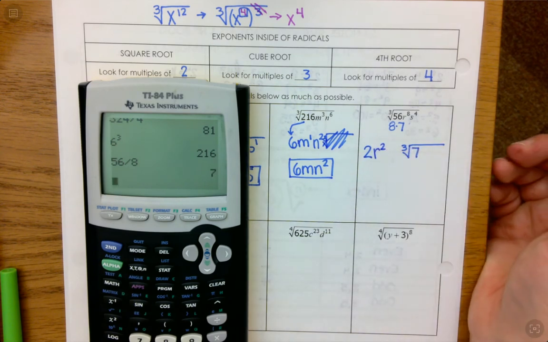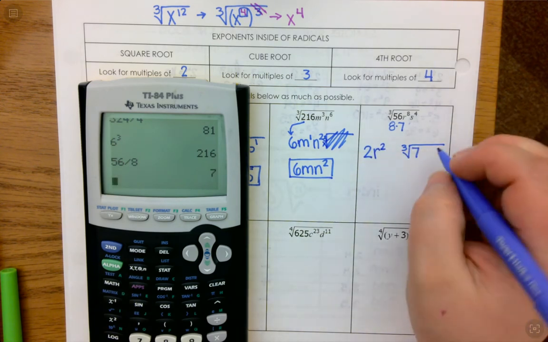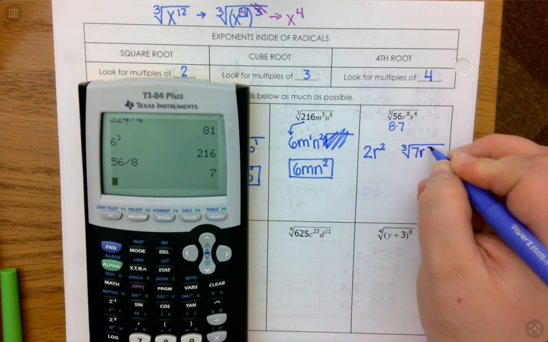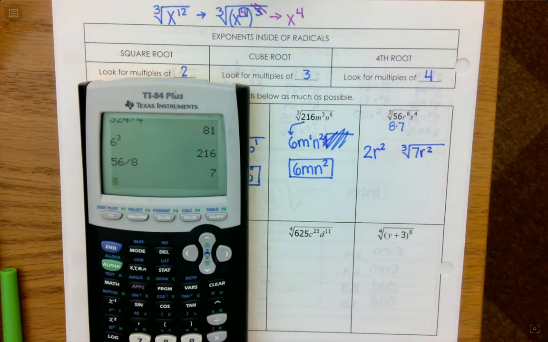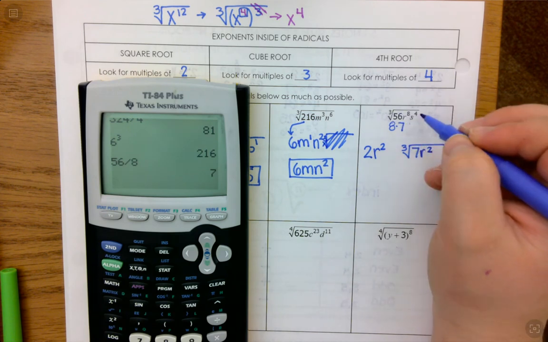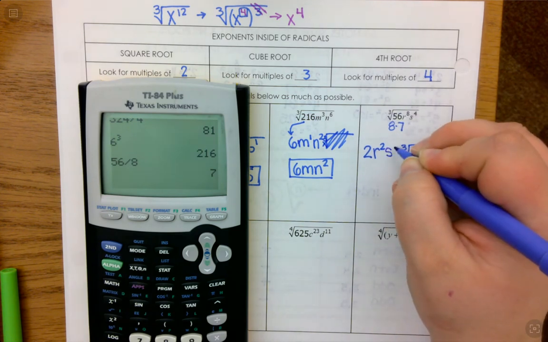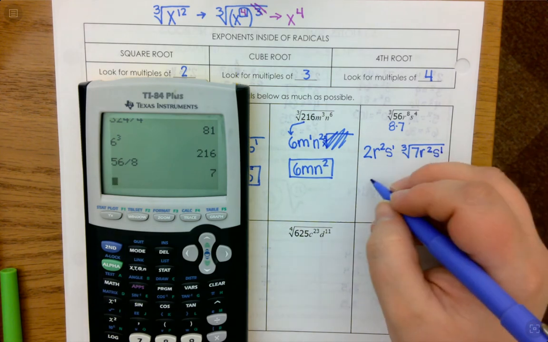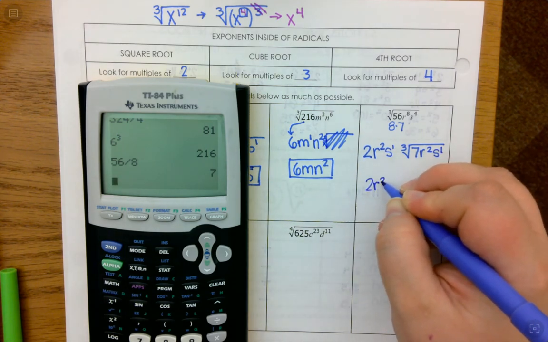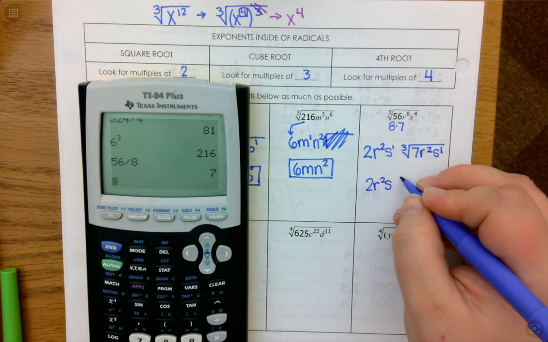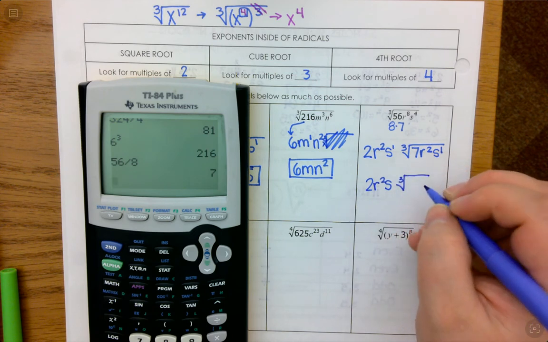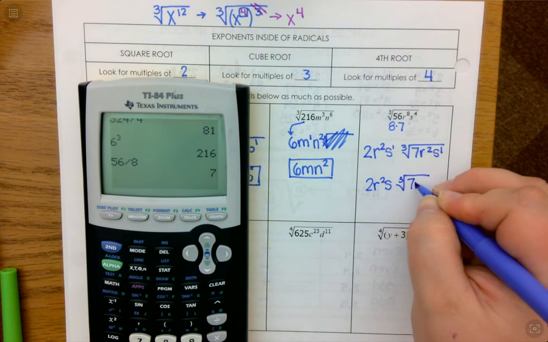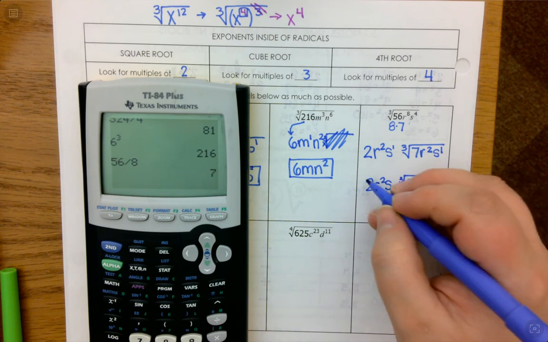And that would be 6, leaving me with a remainder of 2 to get to 8. So I have 2 left inside as well. 3 goes into 4 once, and it has a remainder of 1. So I have 2r squared s times the cube root of 7r squared s.